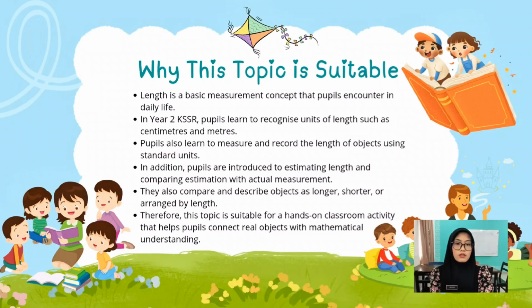They are also introduced to estimation skills and comparing estimations with actual measurements. These skills help pupils develop early mathematical reasoning. Therefore, this topic is highly suitable for a hands-on activity because pupils are able to connect real-life objects with mathematical understanding, which supports meaningful learning.